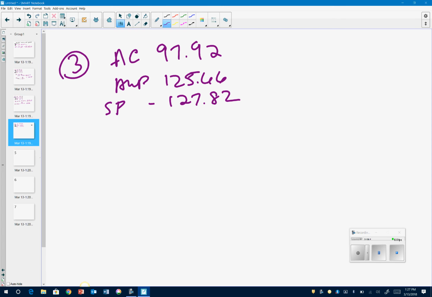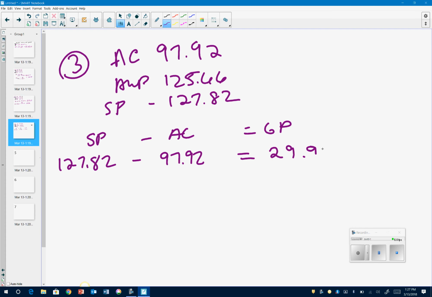So again, to find your gross profit, we're going to take our selling price, minus our acquisition cost, and that'll equal the gross profit. Selling price is $127.82. You're going to minus your acquisition cost, which is $97.92. And of course, when you subtract those two, you get $29.90 for your gross profit.